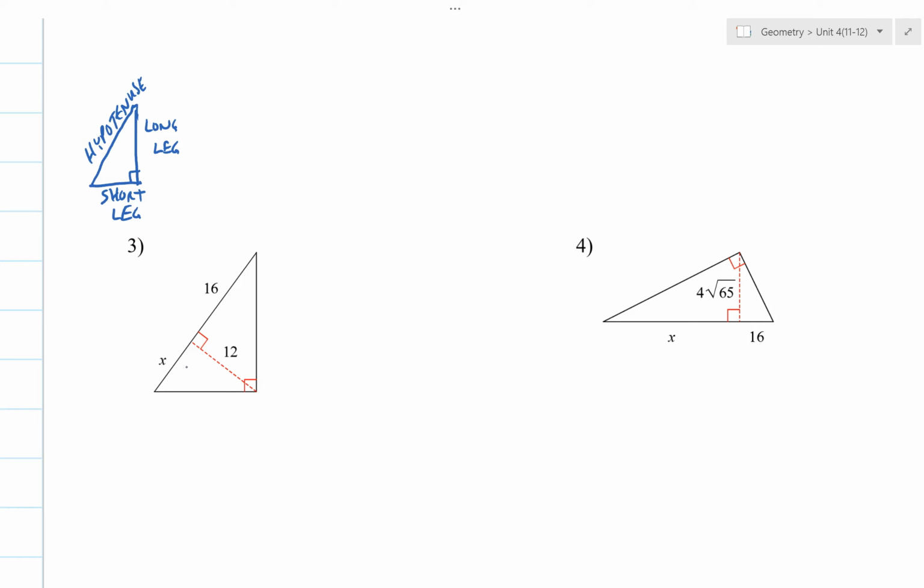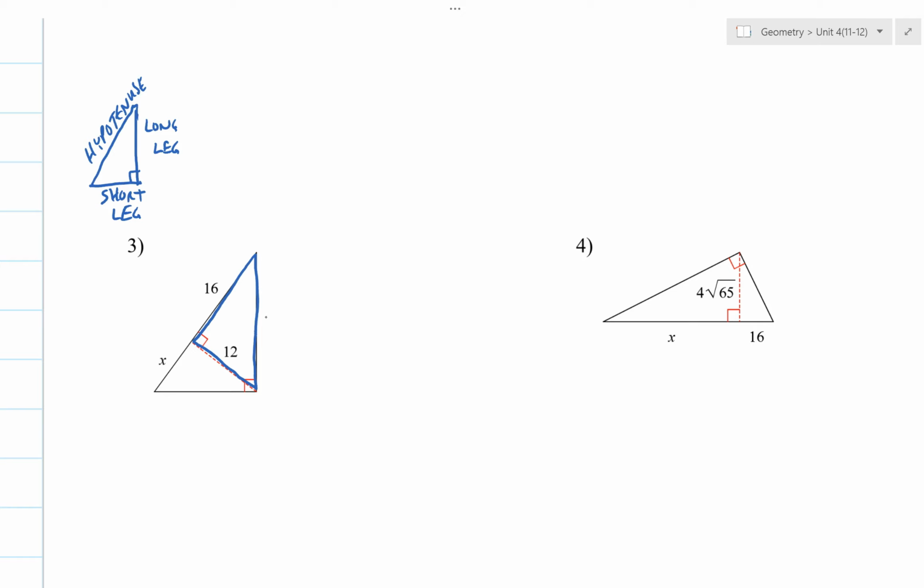Okay, so first we want to notice that in this triangle we have a right triangle and we know two of the sides, so we can get the third side. So we know both legs. We can get the hypotenuse by doing the square root of 16 squared plus 12 squared, and that is going to be the square root of 400.